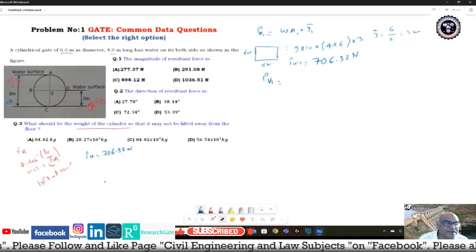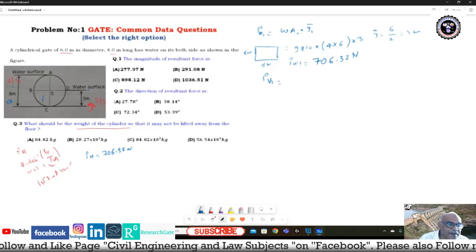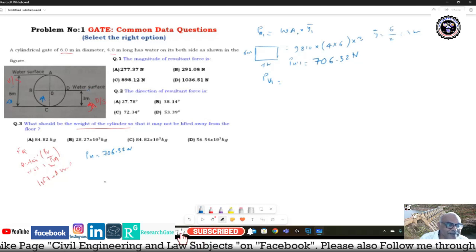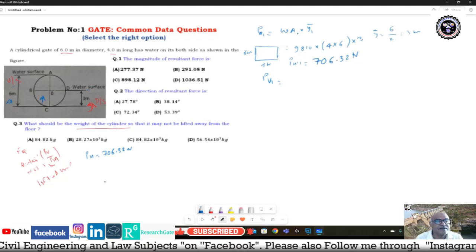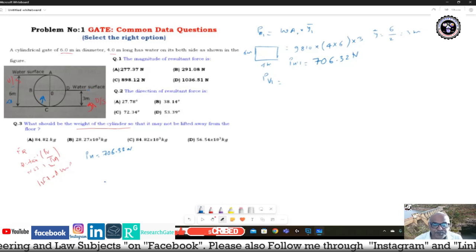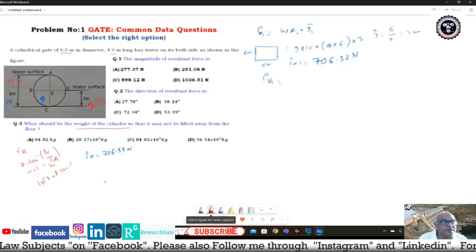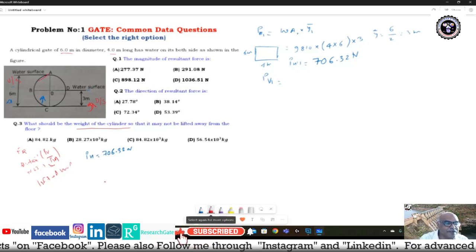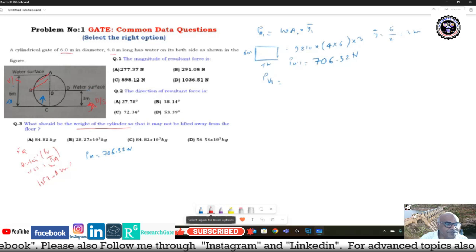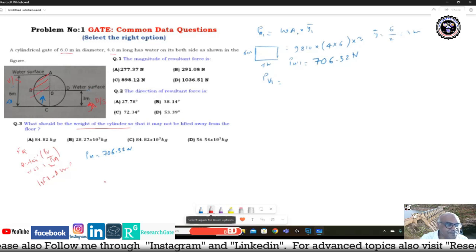Then PV1 means this projected area in a horizontal plane. Okay, this is a semicircle, so we want to find out pressure on this particular portion.